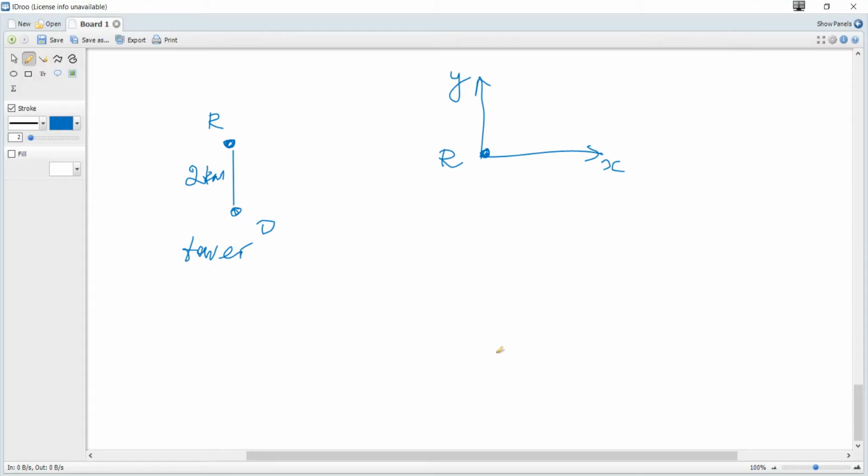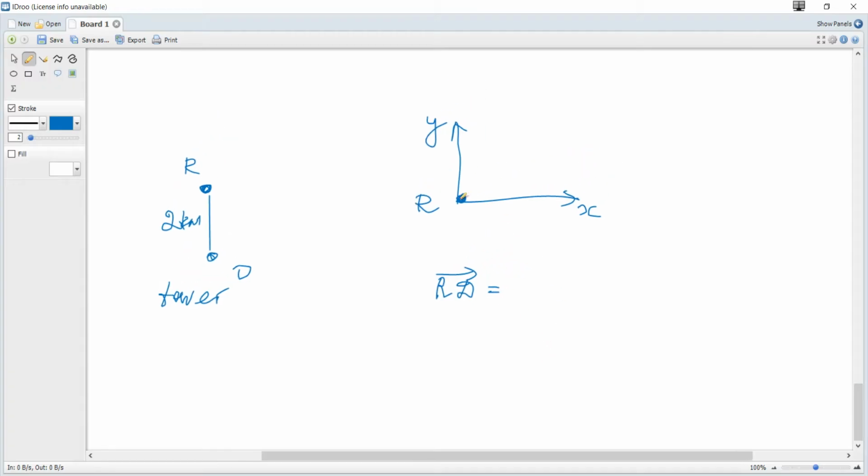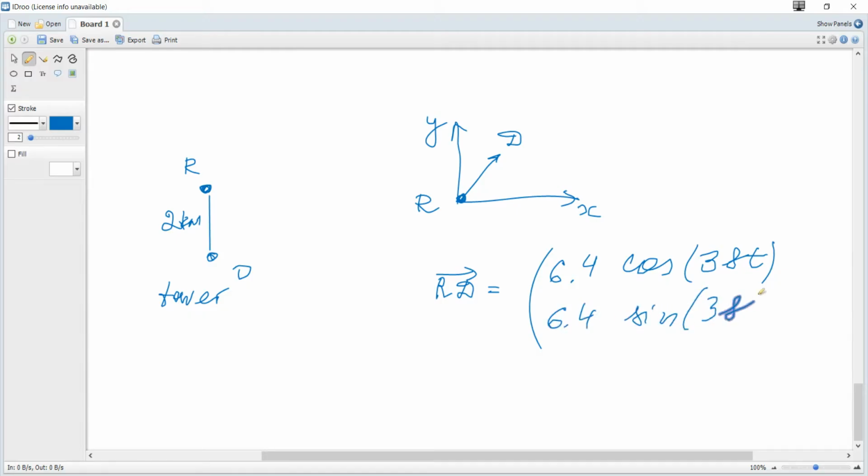Its position at time t, RD, which is actually our position vector at any moment of time, is given by 6.4 cosine of 38t and 6.4 sine of 38t. F. Describe the path followed by D.